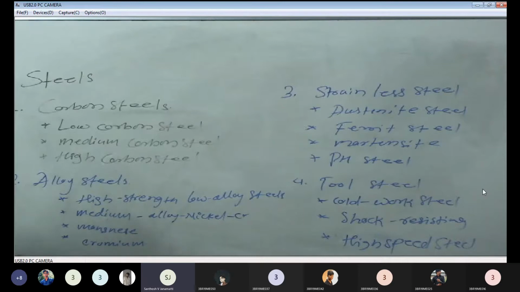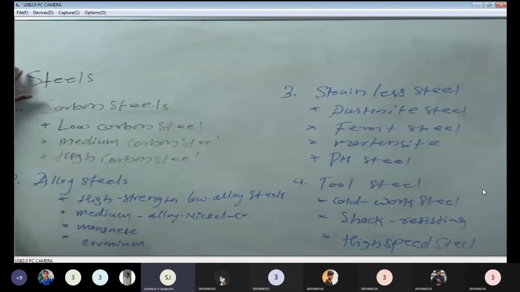What kind of steels are we using for industrial purposes today, that is what I am highlighting. This is the classification of steels depending upon the carbon content, as well as some commercial steels which we depend upon for our various industrial applications.